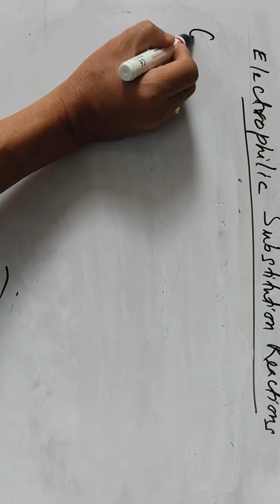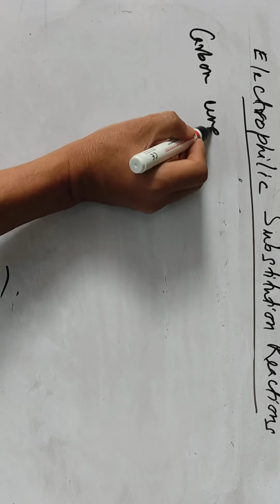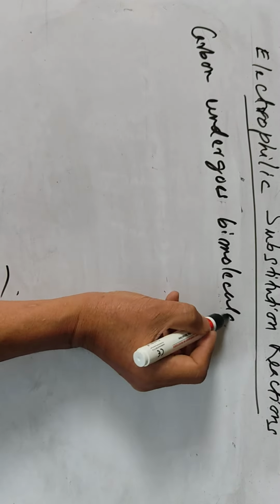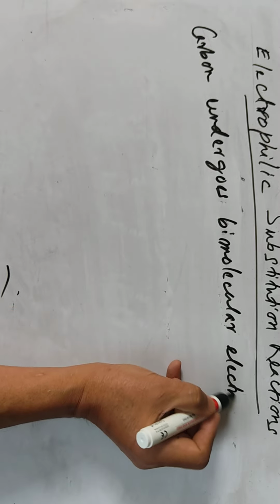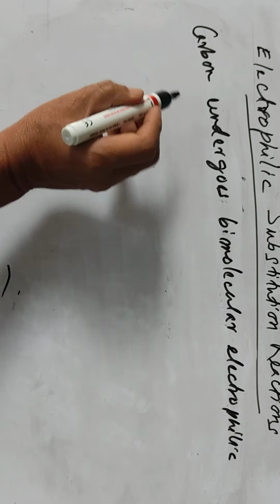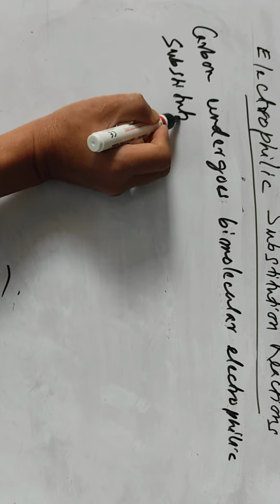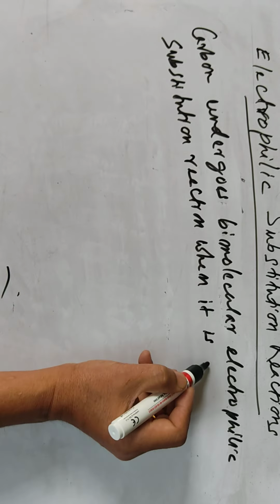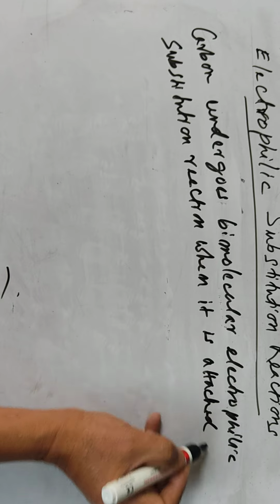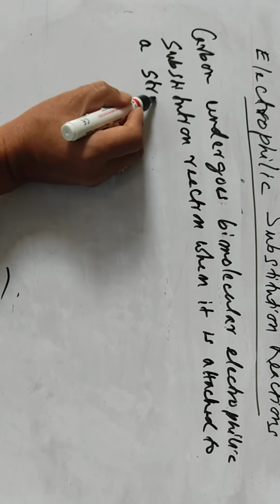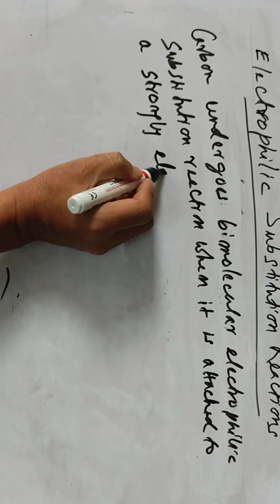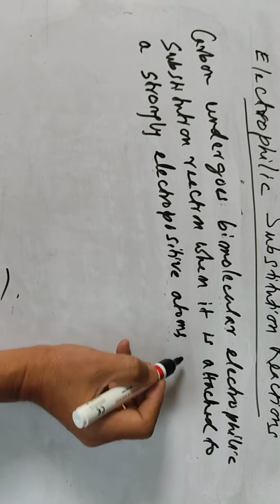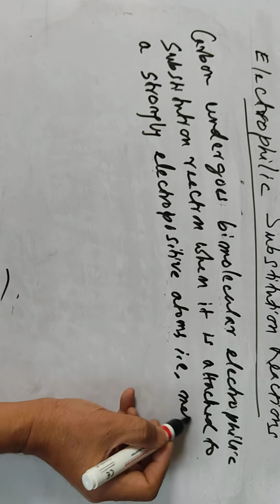Let me write it down here: carbon undergoes bimolecular electrophilic substitution reactions when it is attached to strongly electropositive atoms, that is, mostly electropositive metals.